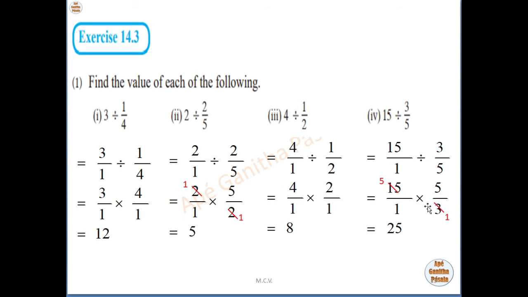Then here 3 and 15 are divisible by 3. 3 divided by 3, 1. 15 divided by 3, 5. Now multiply. 5 into 5, 25. 1 multiply by 1, 1. 25 over 1, so no need to write denominator 1. Answer is 25.